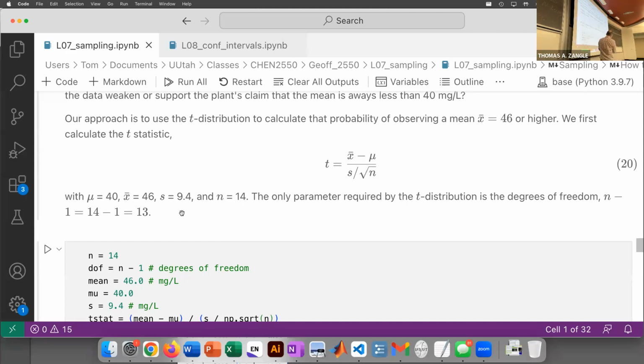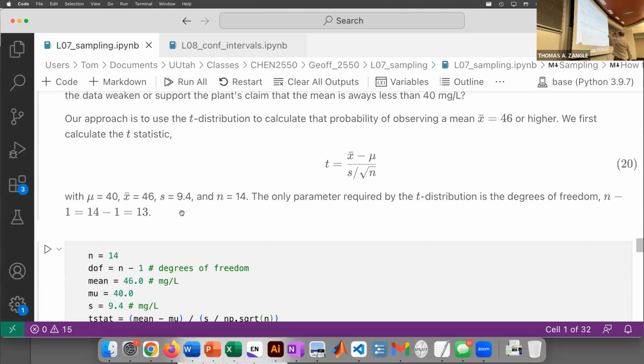So even though we saw an average of greater than 46, there's a probability that those were all outliers from this particular set of measurements, and that the actual plant mean emissions are less than 40 milligrams per liter. That's what we're going to be using the t-distribution for.